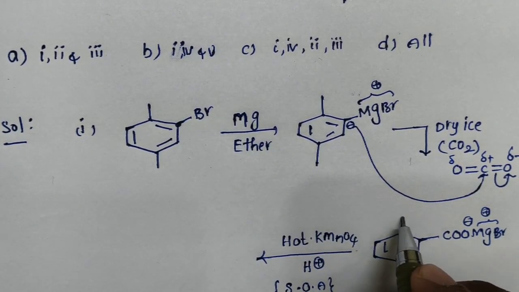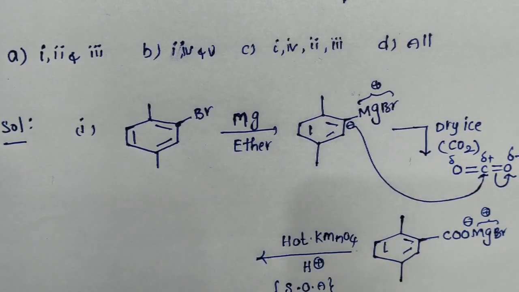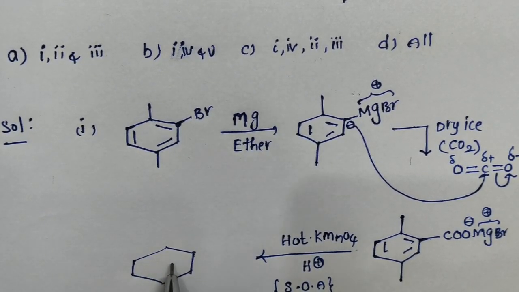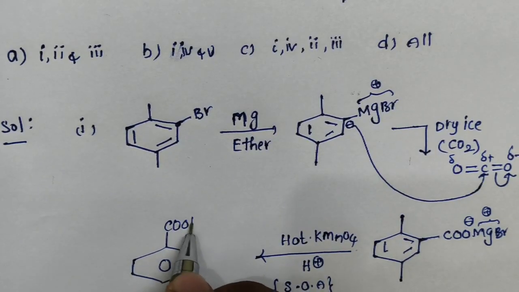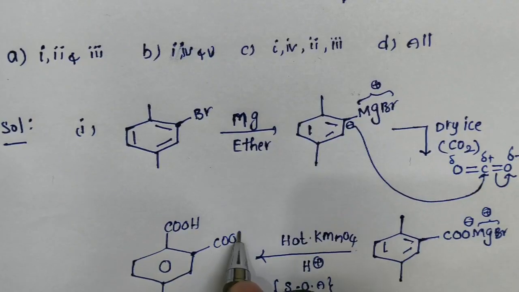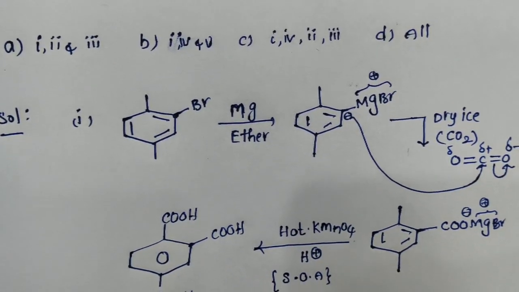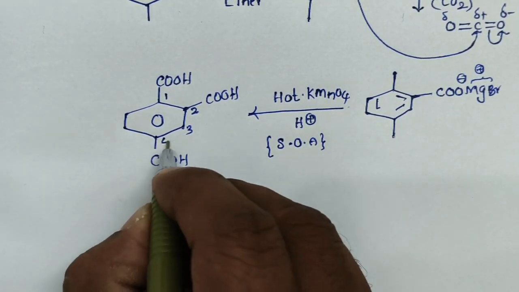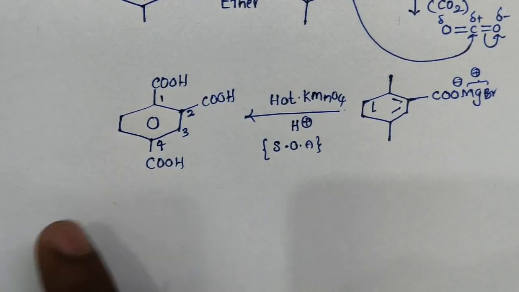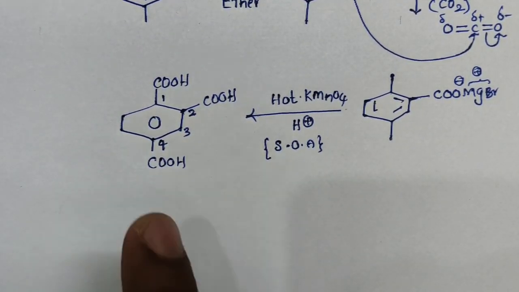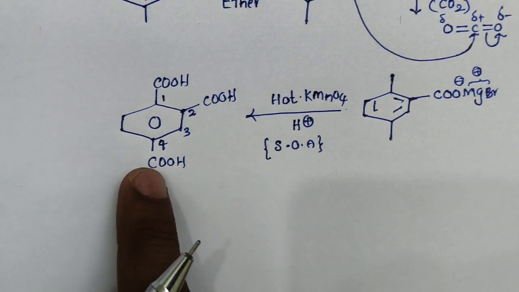This is one CH3 group, and this is one CH3 group. The magnesium bromide is replaced by H+. So finally the product is: this is COOH, this one also COOH, and this part also COOH. Now if we give numbering, we get 1, 2, 3, 4. So the first, second and fourth positions have carboxylic acids. This is also one kind of tricarboxylic acid.